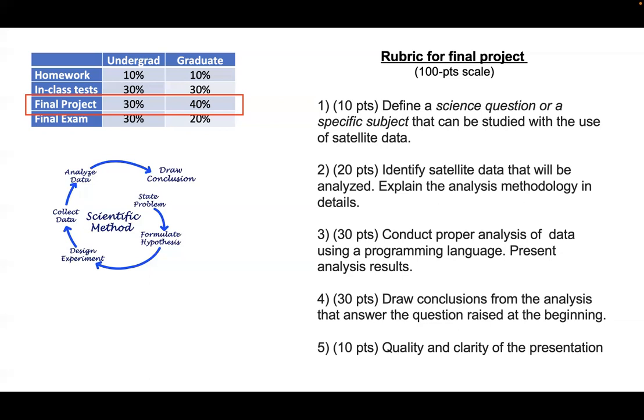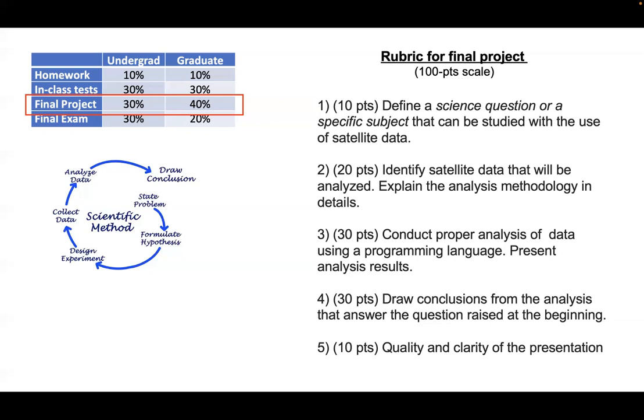So find a question that is doable in a few weeks. It doesn't have to be a thesis type question, just a small subject that can be addressed by satellite data. And also, I'm going to introduce you more satellite data.